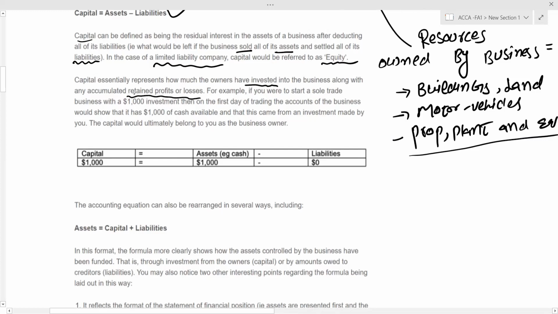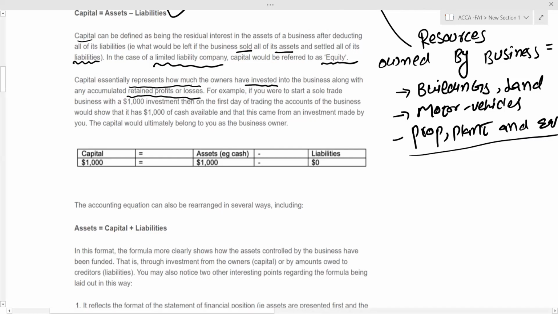Although this is a source of finance for the business, retained profits or losses will not be available for a new business, because the business has not started its operations officially, so it will have no profit or loss, obviously.